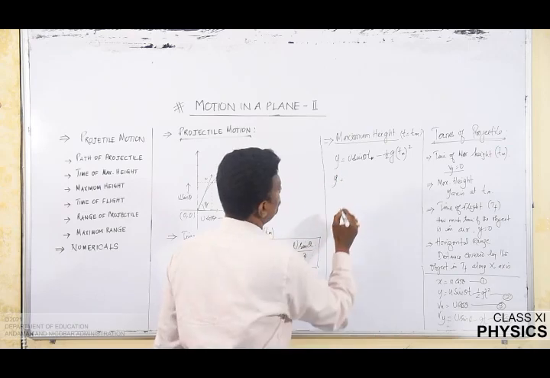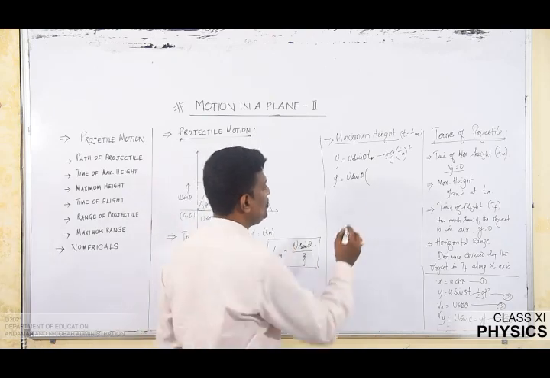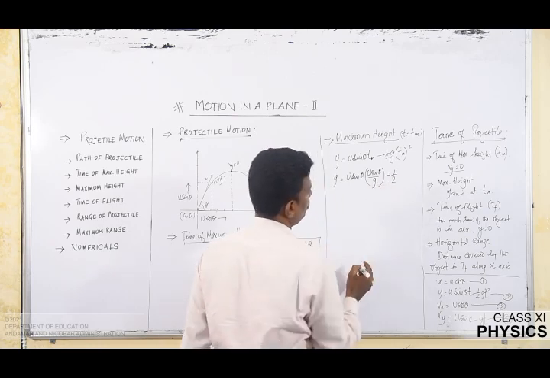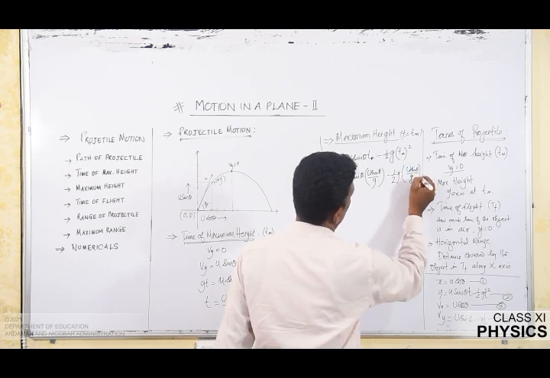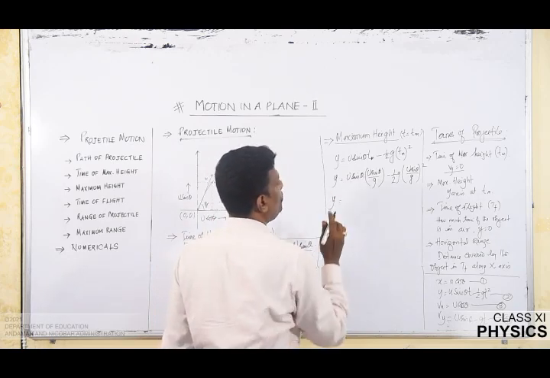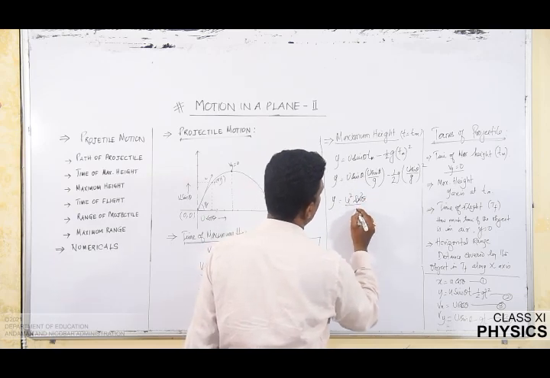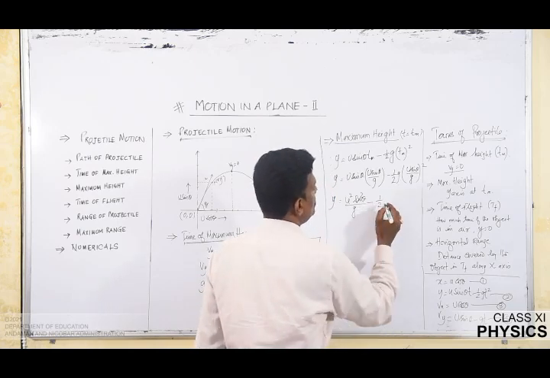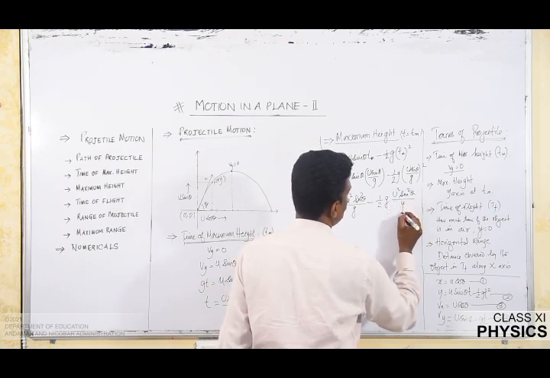So, y is equal to u sin theta, in place of Tm u sin theta by g, minus half g into u sin theta by g whole square. Again we can have u square sin square theta by g, and again here half g u square sin square theta by g square.